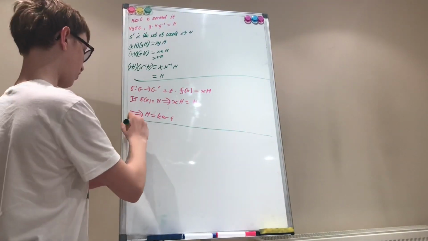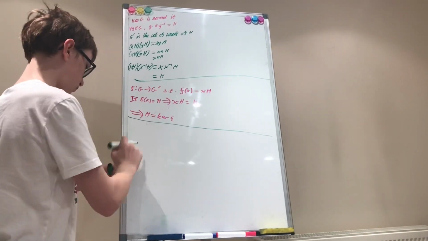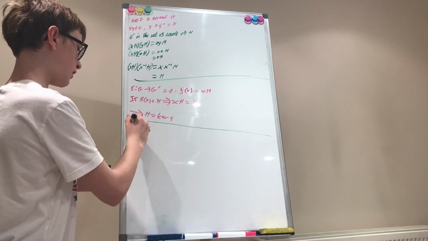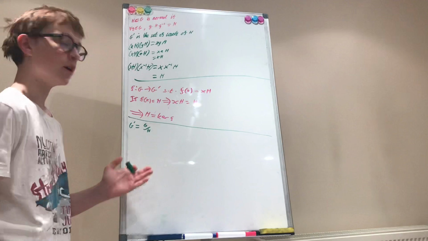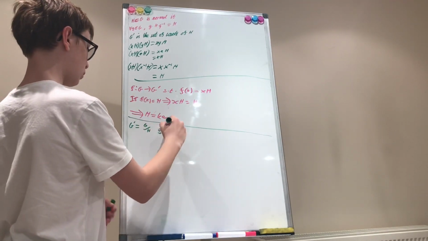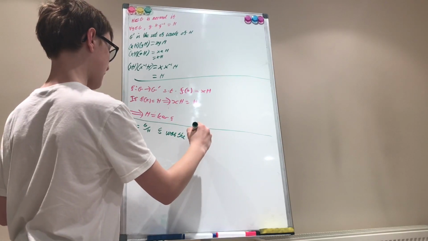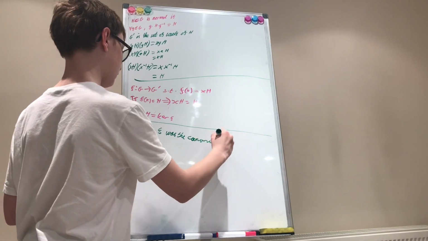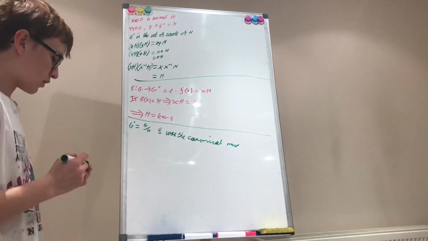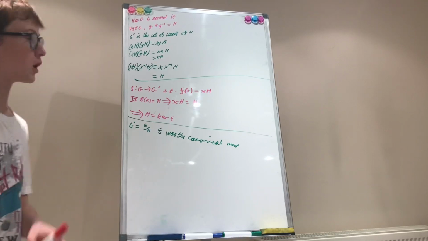So, G prime is equal to G mod H, the set of cosets of H. And the map f was the canonical map.